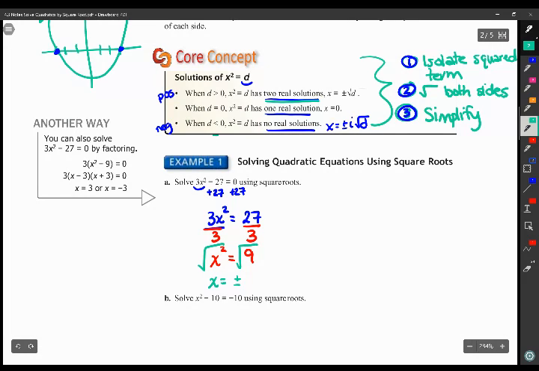We don't know if it was a 3 times a 3 that gave us a 9 or a negative 3 times negative 3 that gave us 9. So we have to take into consideration both the positive and the negative of that solution. The square root of 9 is 3, which means my solutions are x equals 3, that's one solution, and x equals negative 3. That's our second solution.